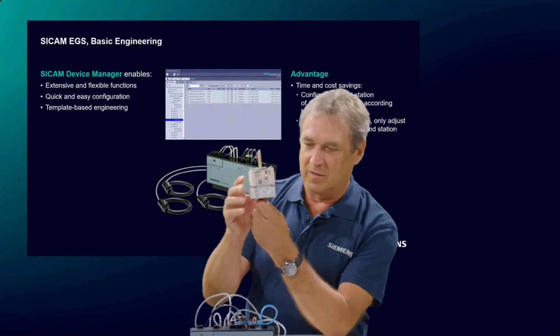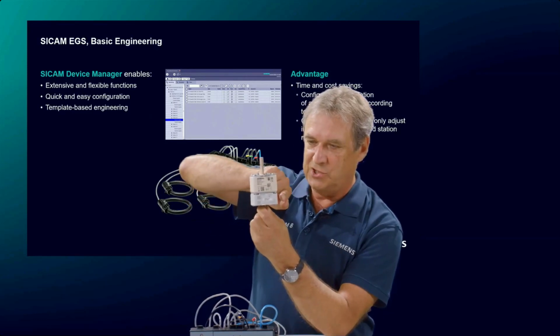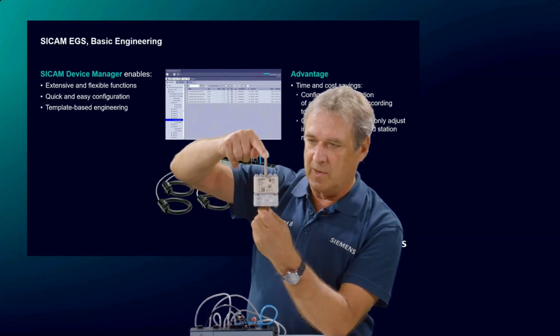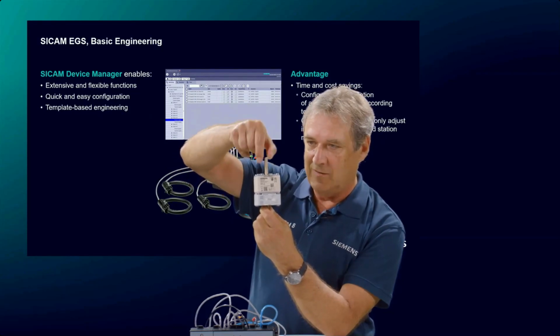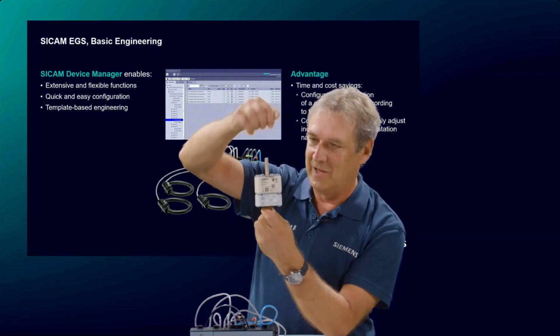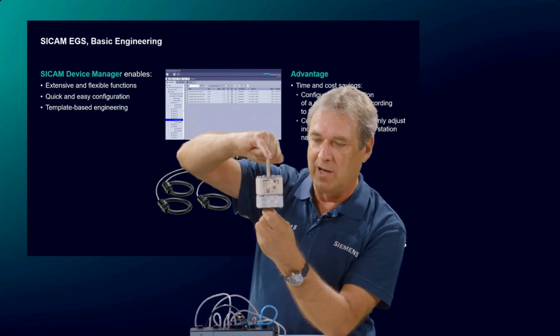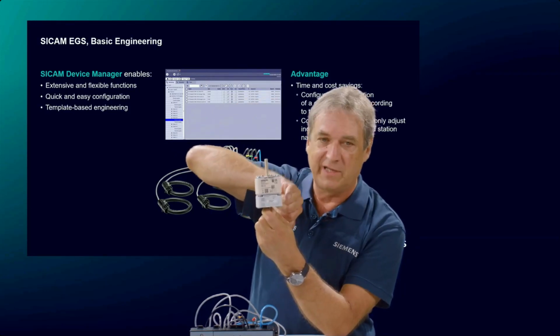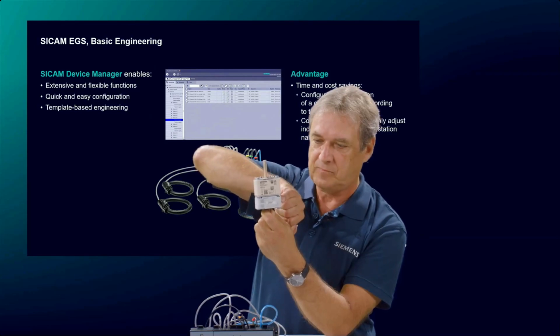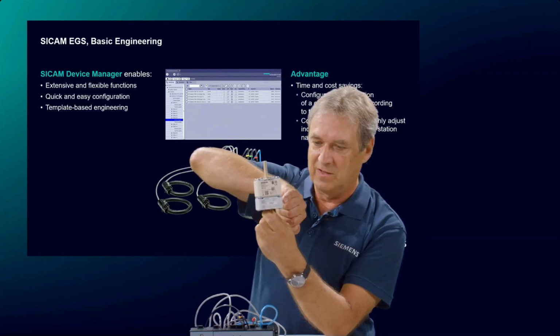And this small communication part is powered by the current running through the shaft. As long as 2 ampere are running through the shaft, we have energy. We call it energy harvesting. So inside, this communication part is powered.